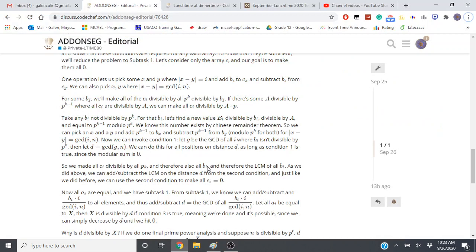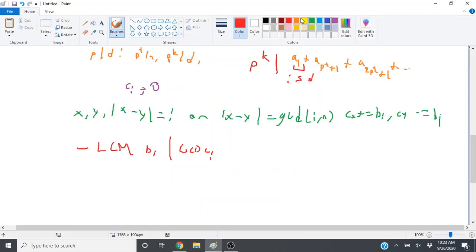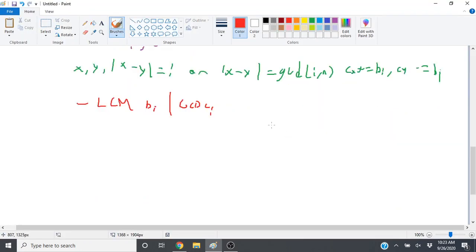Okay, so now basically we'll show this is possible by saying if some number Ci is divisible by a, where a is equal to p to the k, or a is divisible by p to the k minus 1, then we'll show that we can also make Ci divisible by a times p. We can make it so a times p divides Ci, and thus we can get an additional one of those prime factors.